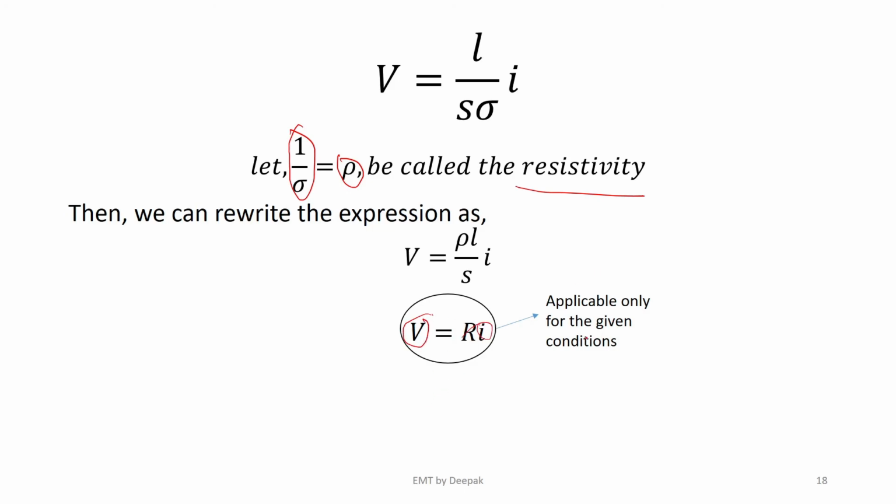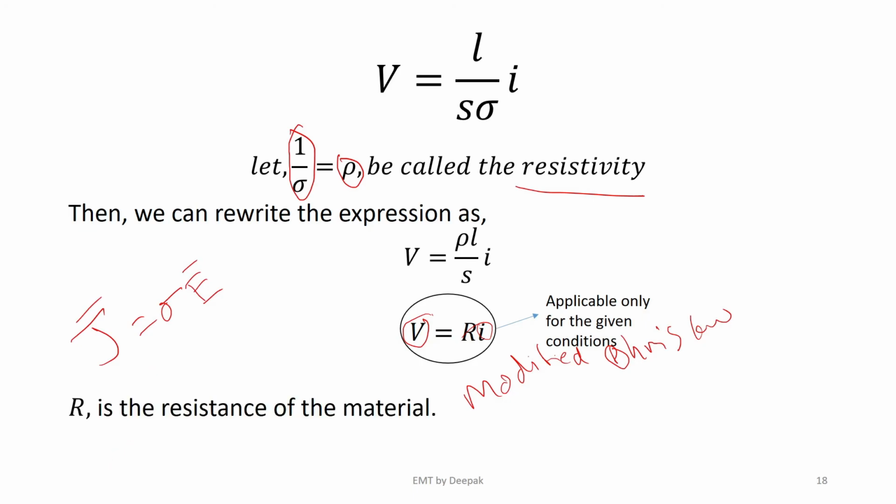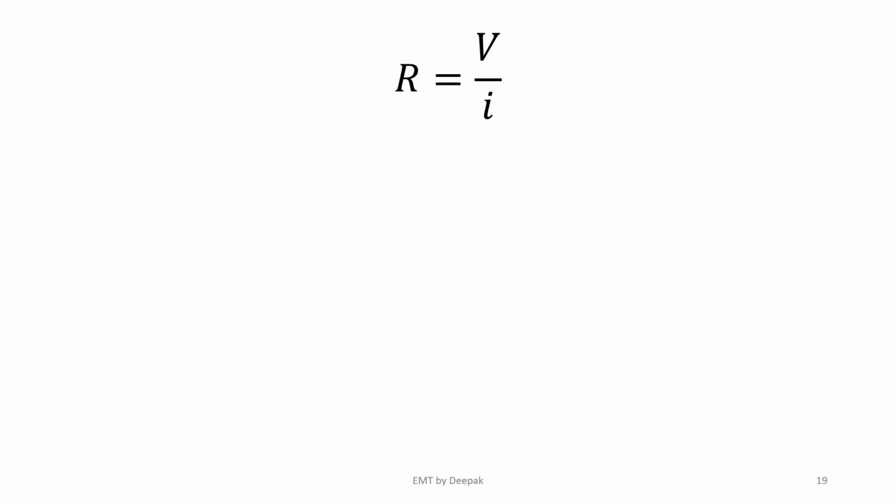This is the modified Ohm's law, whereas the universal Ohm's law is J equals sigma E. Now the resistance can also be written as V by I, but this V by I is applicable only for the given conditions.